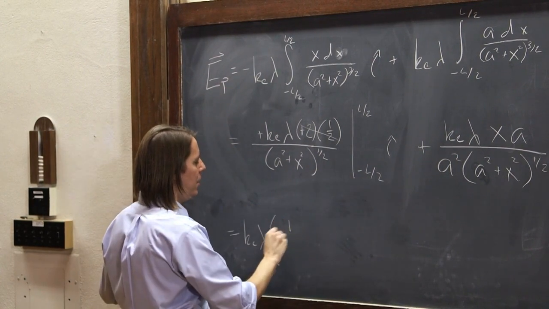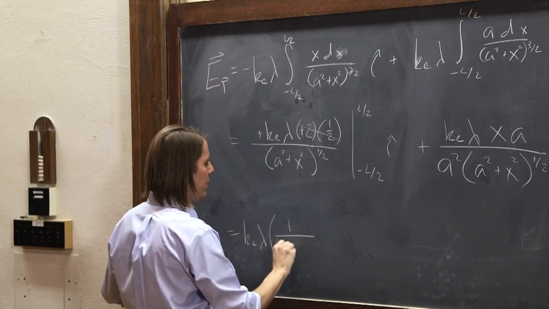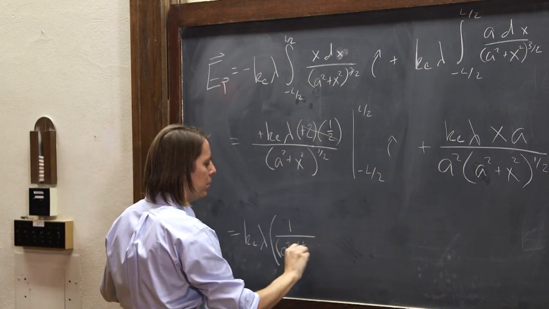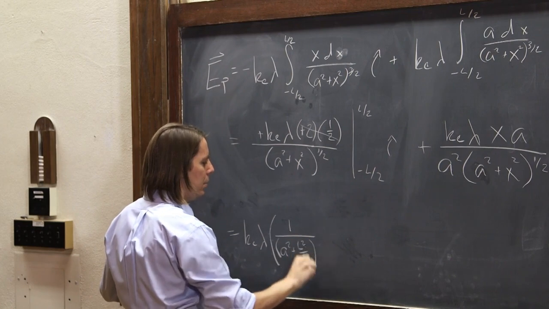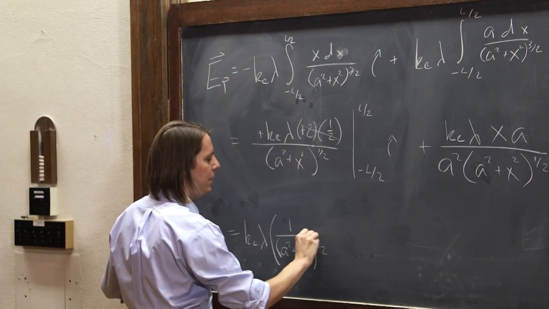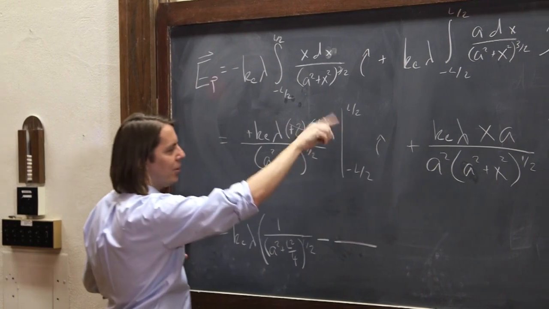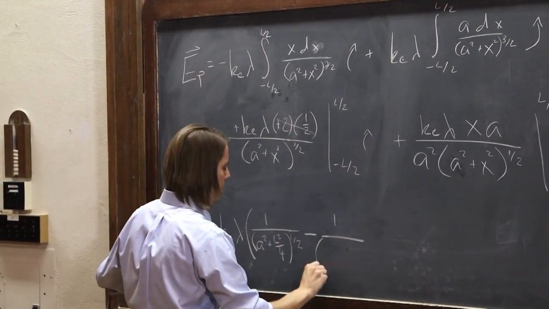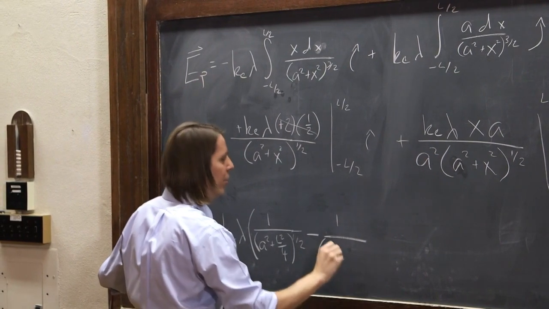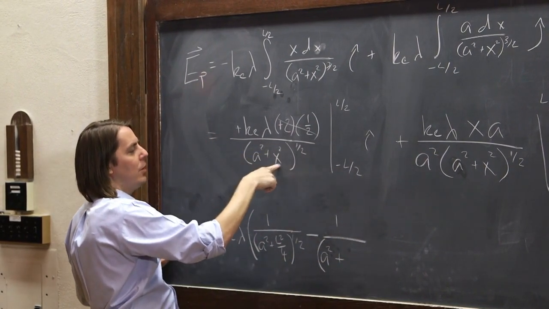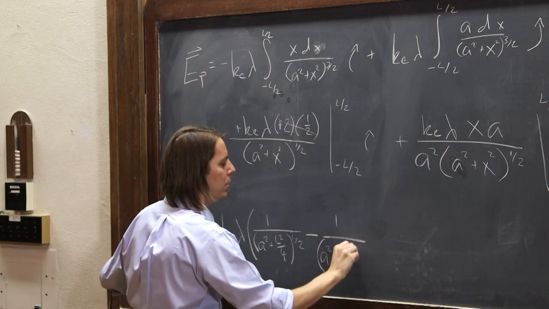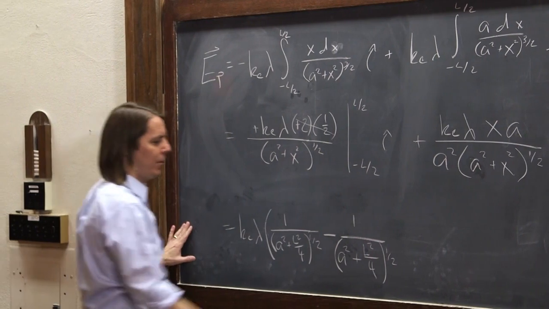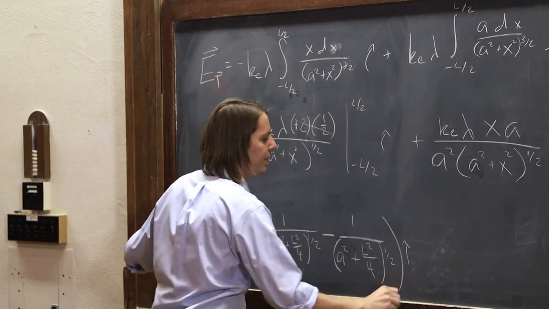So this is going to be 1 over (a squared plus L squared over 4) to the 1/2, minus, and then plug in minus L over 2. Okay, the ke lambda's out here, 1 over (a squared plus minus L over 2 squared) is again just L squared over 4, to the 1/2 in the bottom, like that, i hat.